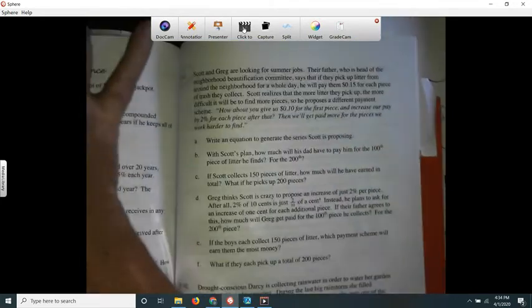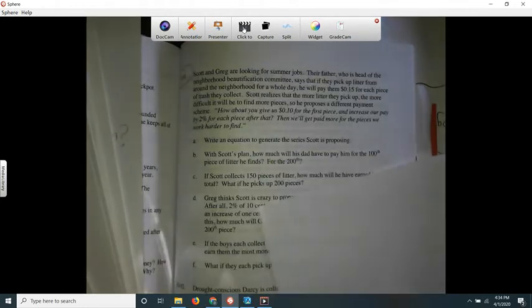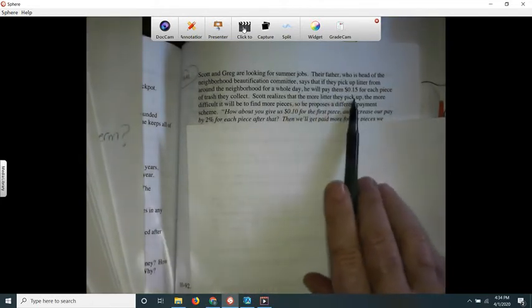It's about Scott and George, and they're looking for a summer job, and their father says, hey, why don't you pick up some trash, and I'll pay you 15 cents for each piece of trash. And Scott says, well, that doesn't make sense, because the more trash we pick up, the harder it gets.